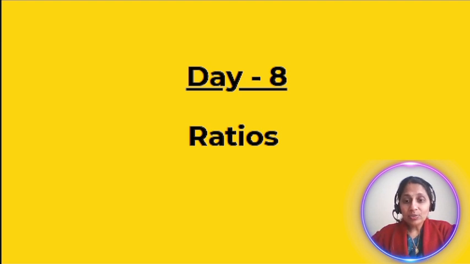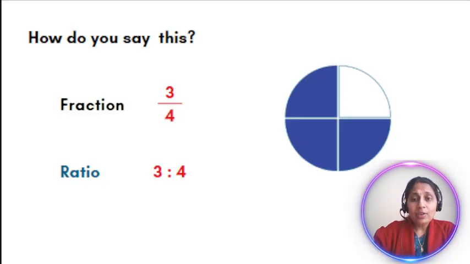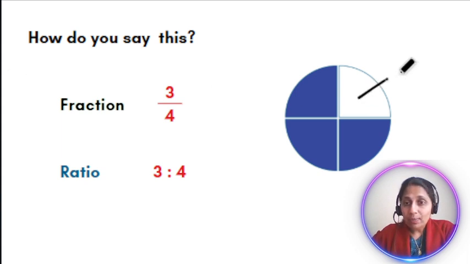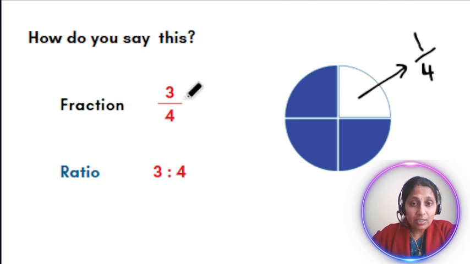Now, coming to these ratios, many have the belief that ratios and fractions are the same. And how do they say this? Because if you take a whole and take away one part of it, like 1 out of 4 parts, then we write it in fraction as 3 by 4.